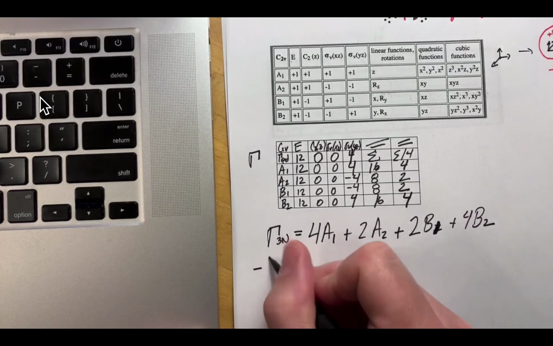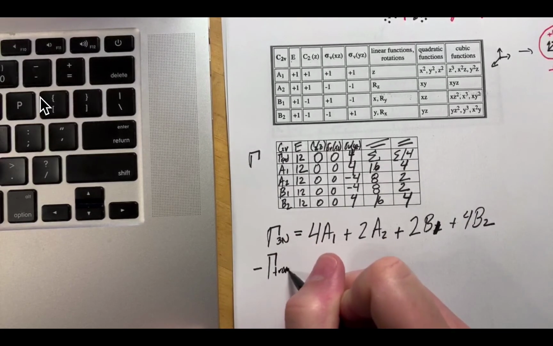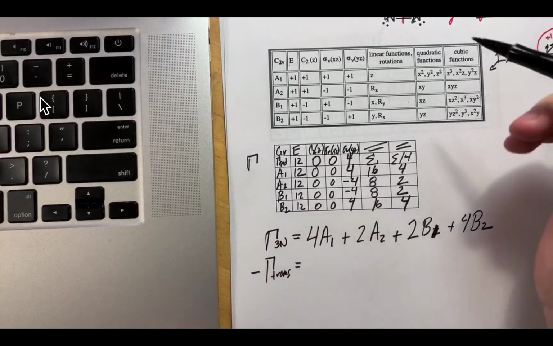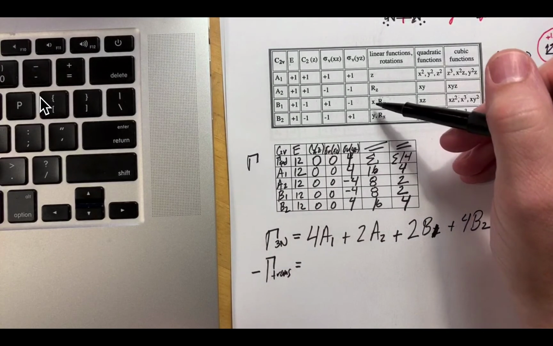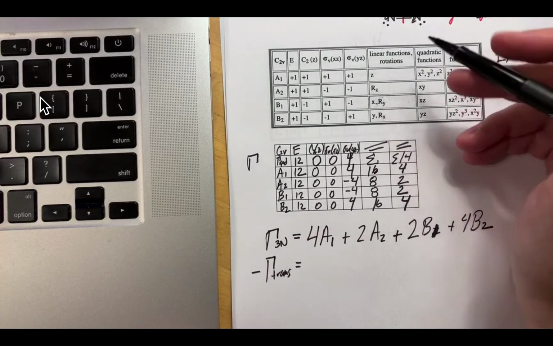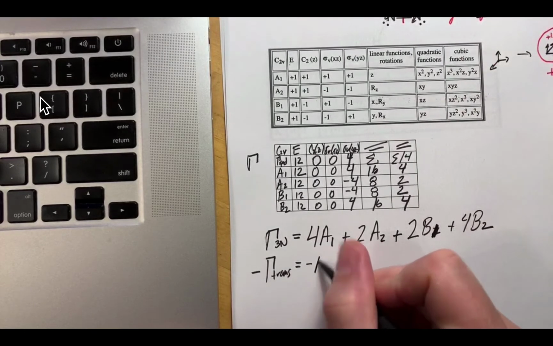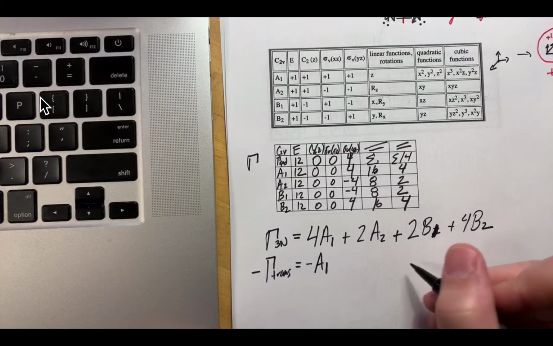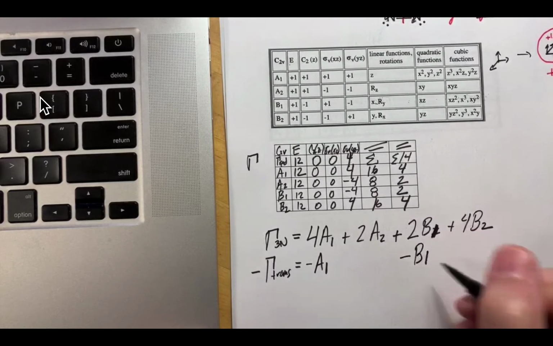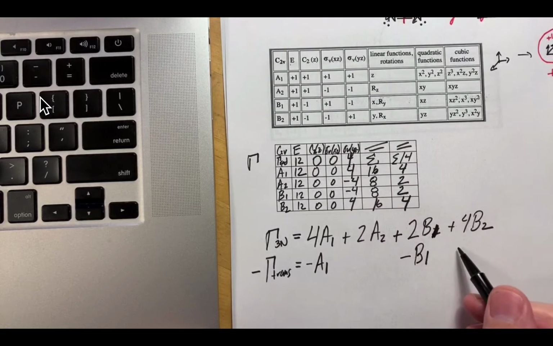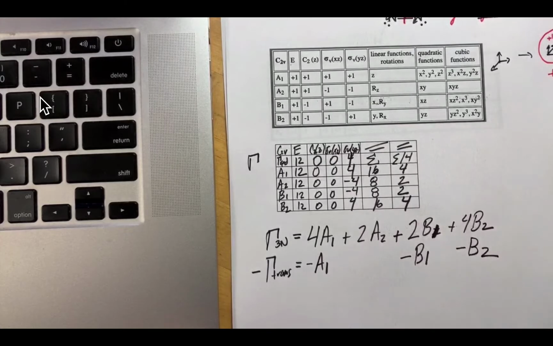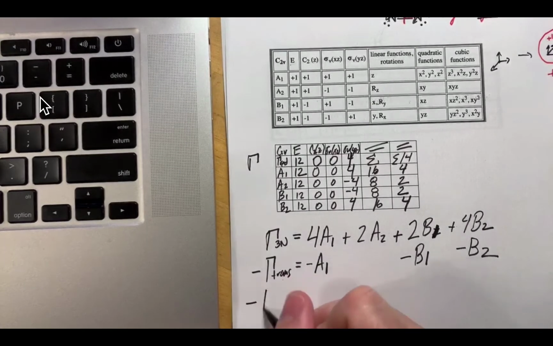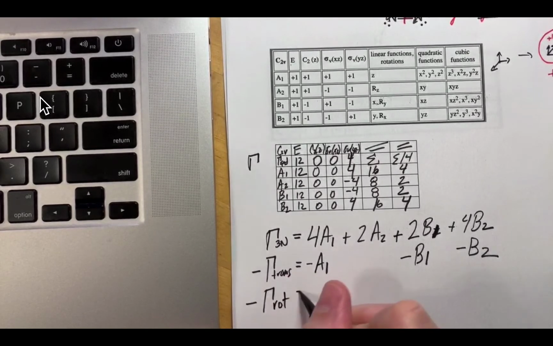Now I'm going to subtract out my translations. So what are my translations? I can translate along X, Y, and Z. So I'm going to remove an A1 for the Z. I'm going to remove a B1 because of the X, and I'm going to remove a B2 because of the Y. I'm going to also subtract out my rotations.